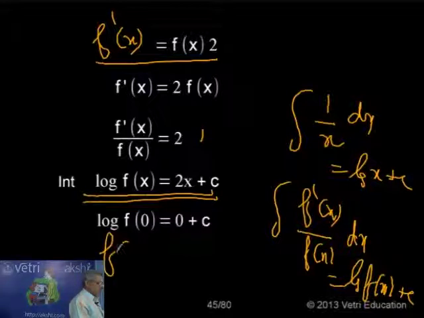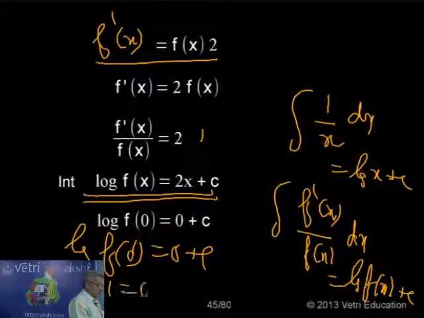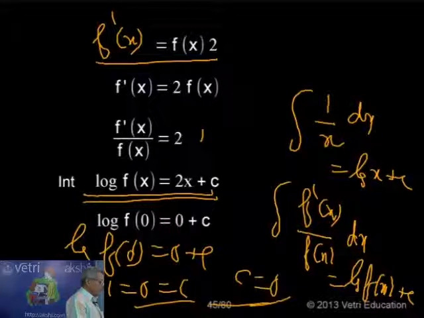Therefore, log 1 is 0, which is equal to c. We are giving x equal to 0 only to find the value of c, which happens to be 0. So, we have obtained c is equal to 0.